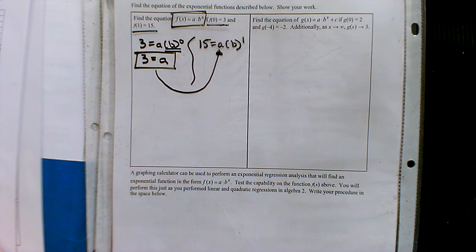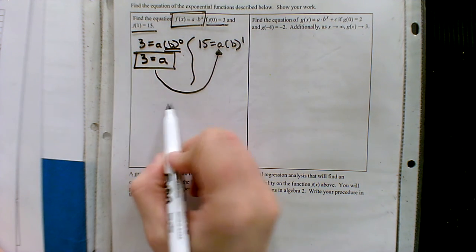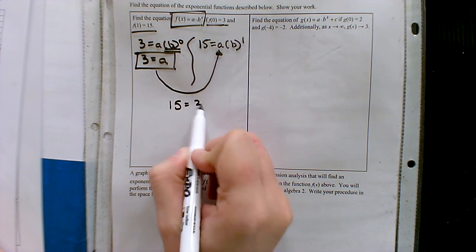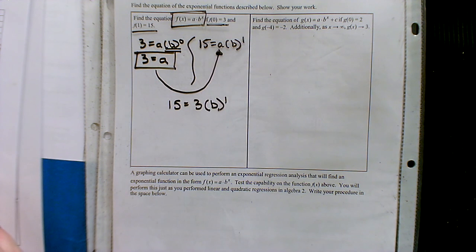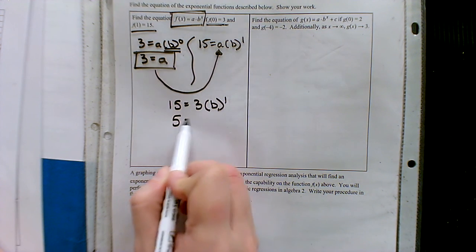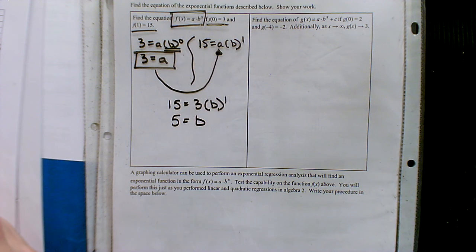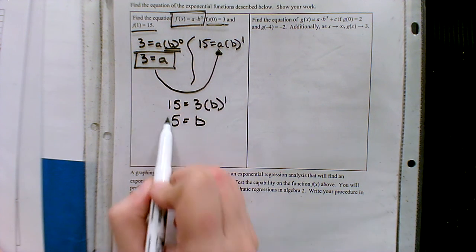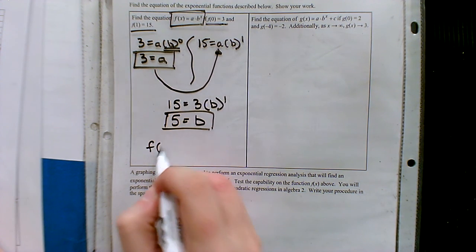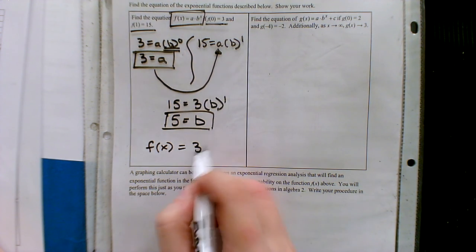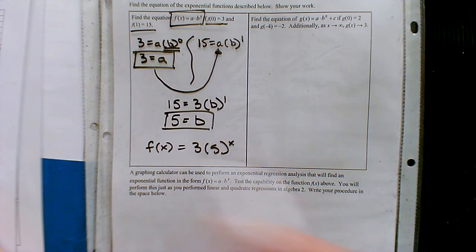It's kind of like a system of equations. So 15 equals 3 times b to the first. We can divide the 3 over to get 5, and b to the first is just b. So there's our b value. That one was pretty simple. So our equation is 3 times 5 to the x.